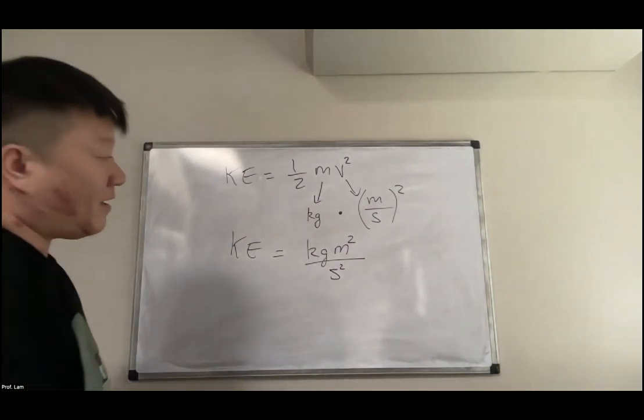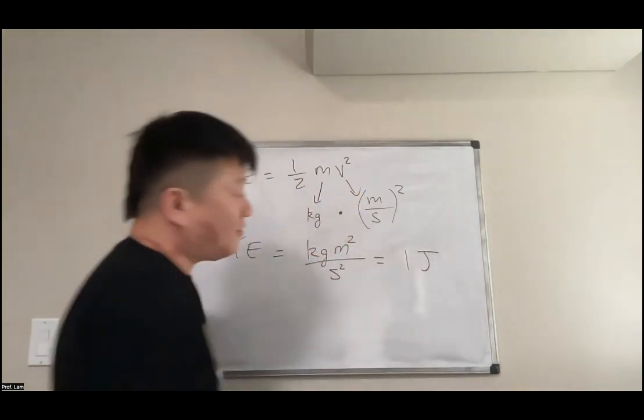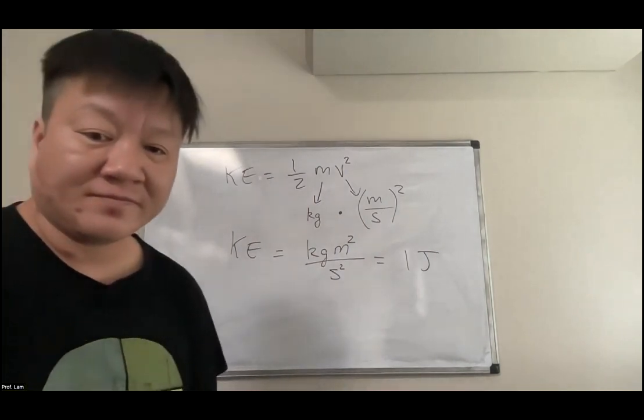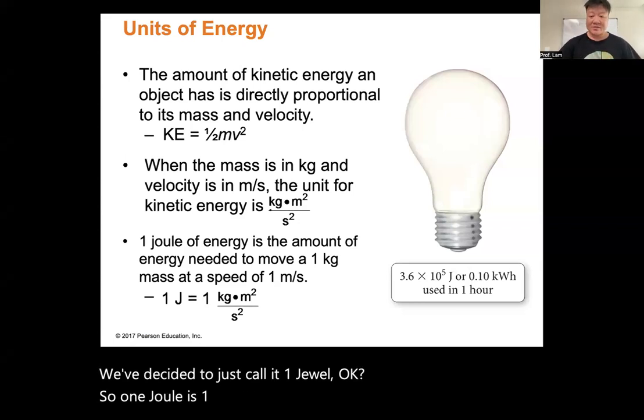Since this is a mouthful to say, we've decided to just call it 1 joule. So 1 joule is 1 kilogram meter squared per second squared.